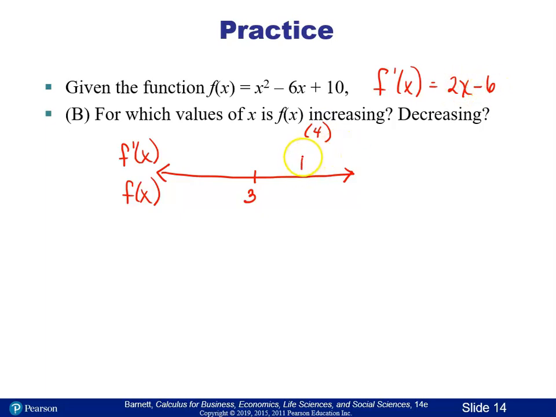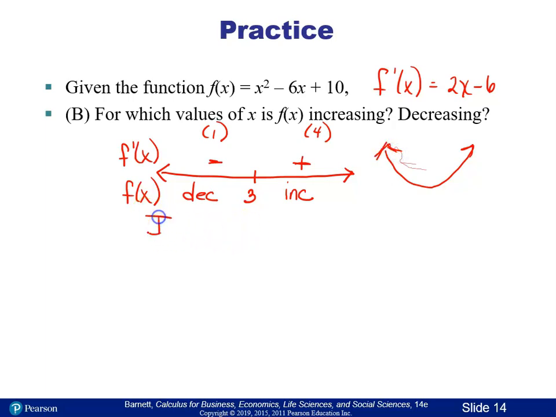That's going to give us a positive. And then if I pick something less than 3, like maybe 1, 2 times 1 minus 6, that's going to be a negative. That means my original function, because the derivative is negative, is going to be decreasing this time. And over here, since the first derivative is positive, the function is going to be increasing. So our function decreases and then increases.